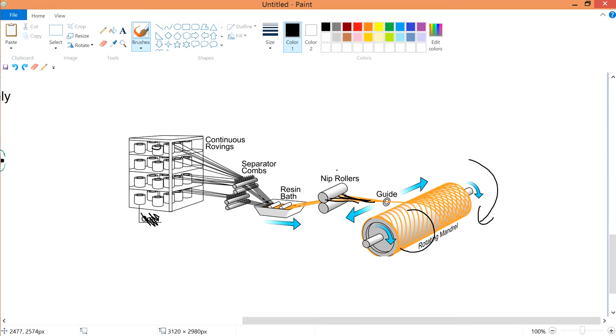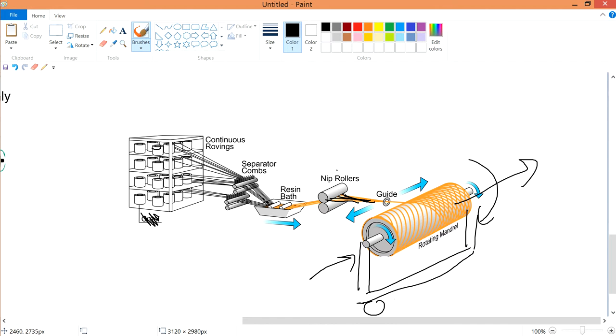After you finish rotating, you take it out, replace it with a new rotating one, and then you wind again, and when finished, you take it out. These things are connected by a track, with wheels.